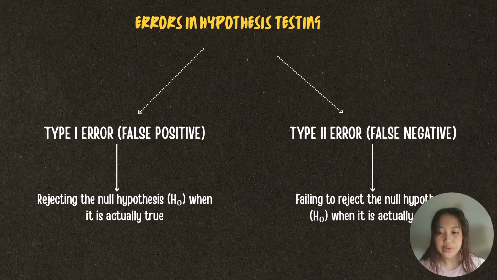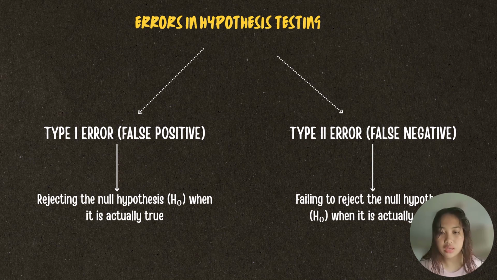In the type 2 error, for example, suppose the government investigates the alleged corruption in flood control projects. Our null hypothesis will be that the projects are free from corruption, and the alternative hypothesis is that the projects are involved in corruption.